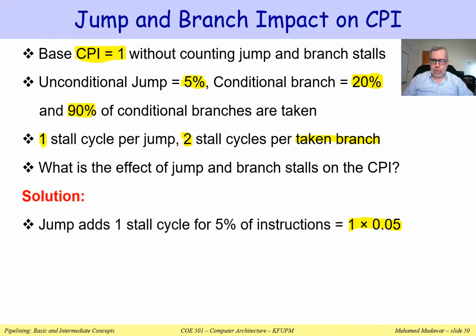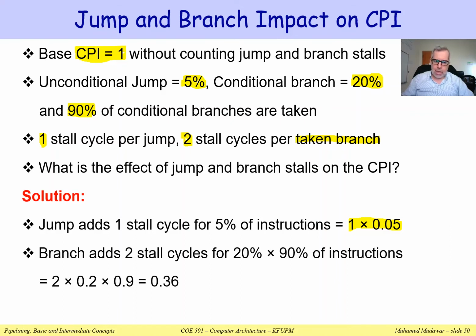So 90% of the branch instructions are taken. We have 20% that are branch and 90% of these 20% are taken. So we multiply 2 stall cycles by 20%, which are the branch instructions, and we multiply it by 90% because 90% of these branch instructions are taken.